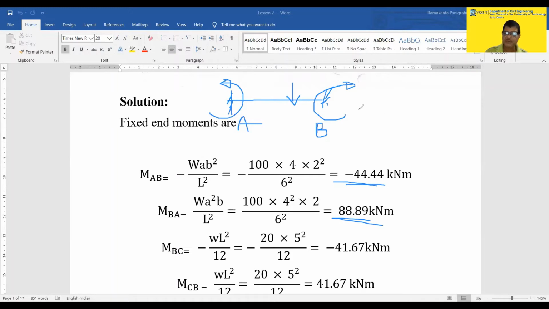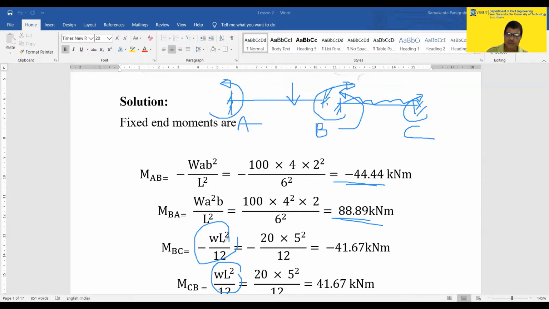Similarly, if you take the span BC, what will happen? Again, left to right, this is B and this is C. Here the moment will be like this, right? So MBC will be negative, MCB will be positive. There is a UDL here, so it is W L square by 12. MBC will be minus W L square by 12 and MCB will be plus W L square by 12.